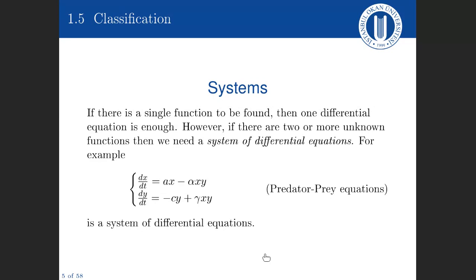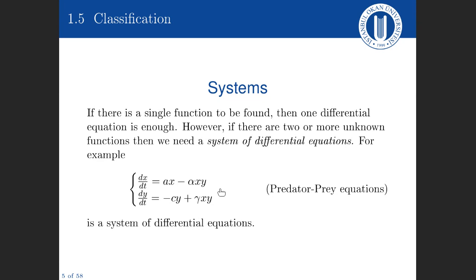If there's a single function to be found, then one differential equation is going to be enough. However, sometimes there will be two or more unknown functions, and then we would need a system of differential equations. For example, there's two equations written here. dx/dt is ax minus alpha xy, and dy/dt is equal to minus cy plus gamma xy, where a, alpha, c, and gamma are constants.